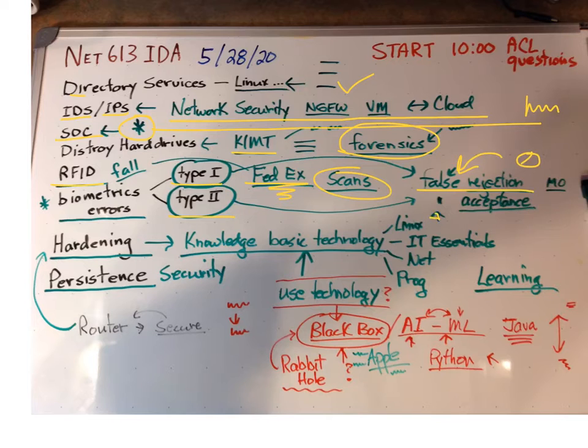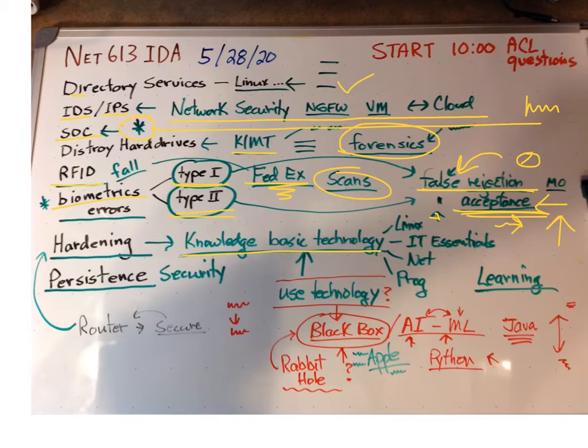A false acceptance means we're going to let someone through, but we shouldn't have. We're accepting somebody, so this is the worst, and this is bad. There are type 1 and type 2 errors, and we're talking about using biometrics to identify people. It's going to be really amazing what happens with that in the future.